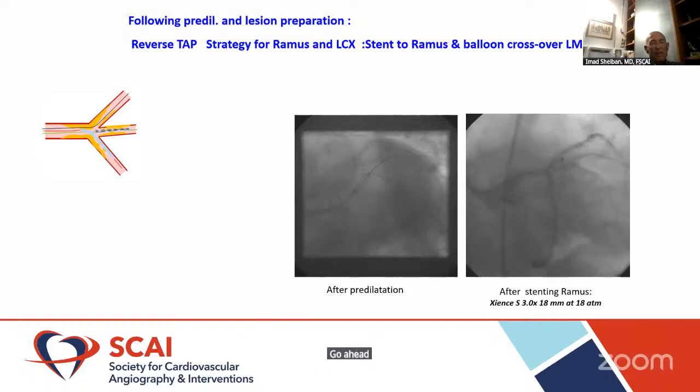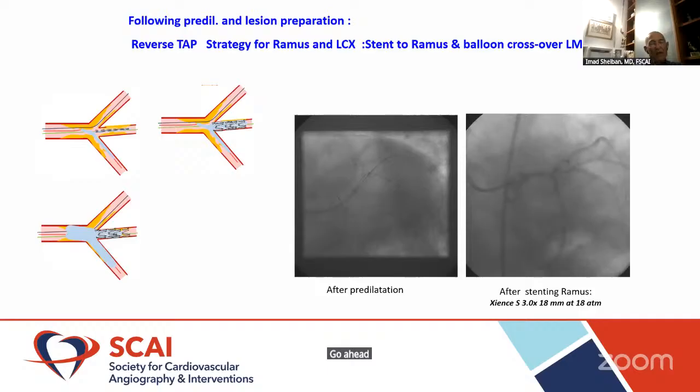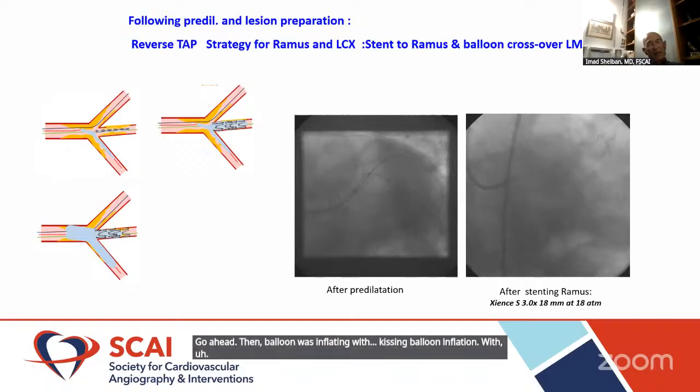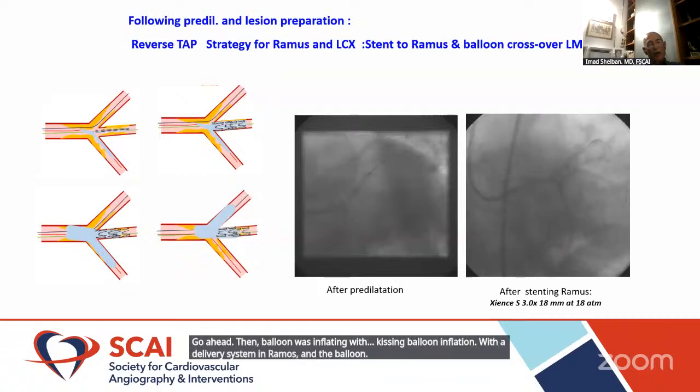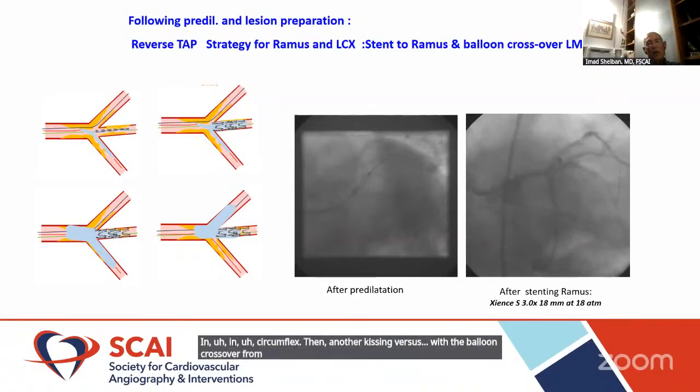The stent was placed in the ramus. Then the balloon was inflated with kissing balloon inflation with the delivery system in the ramus, and the balloon in circumflex. Then another kissing with the balloon crossover from left main to LAD.